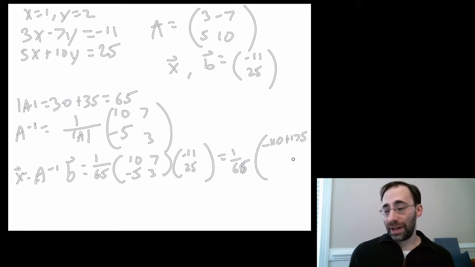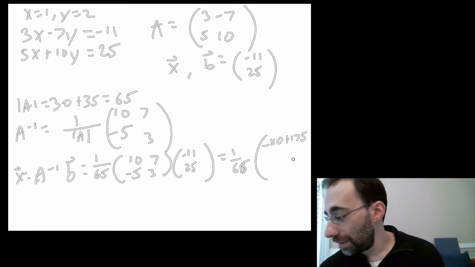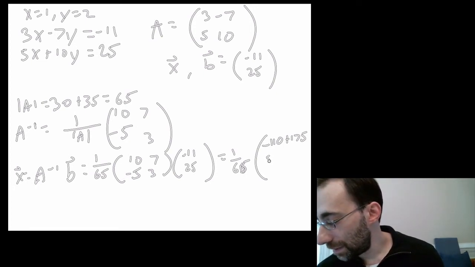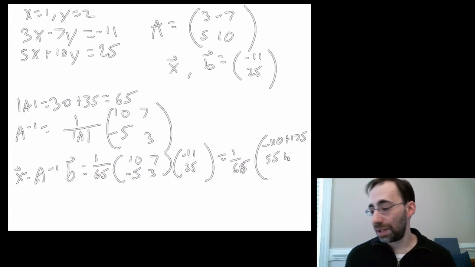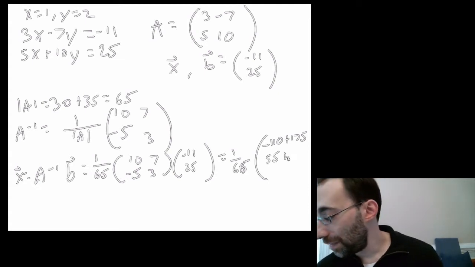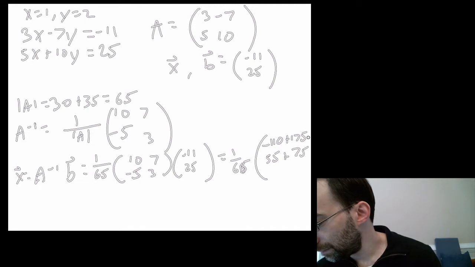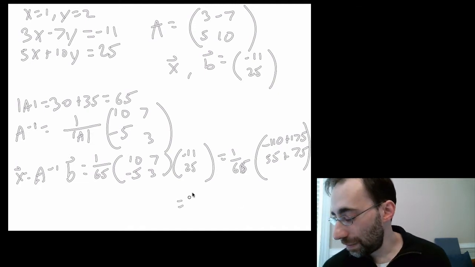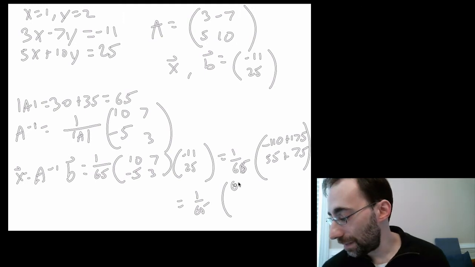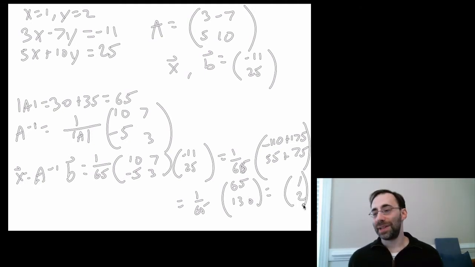Second one is negative 5 times 11 is 55, plus 3 times 25 is 75. That equals 1 over 65 times 65 and 130, which magically equals 1, 2. Hooray, no math mistakes on the scale.